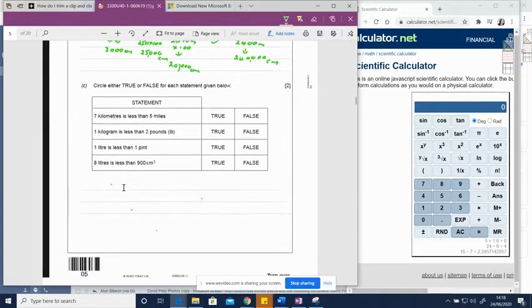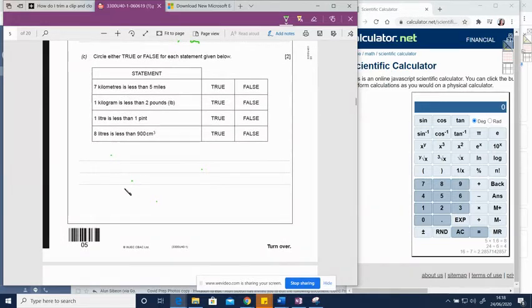Part C asks us to circle either true or false, and it gives us a list of distances. Some are imperial and some are metric, and you need to be able to convert between metric and imperial. Now, the first one, 7 kilometres is less than 5 miles. Well, I know that 1 mile is the same as 1.6 kilometres.